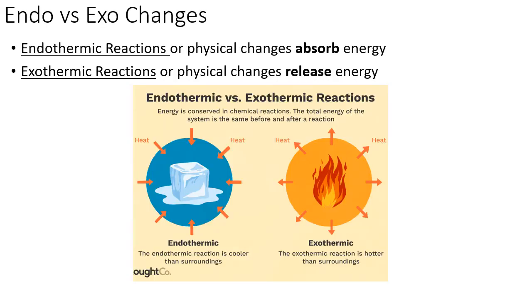Now, really fast, refreshing, an endothermic reaction or change. Endothermic and exothermic also applies to physical changes. So endothermic absorbs energy. Exothermic changes release energy. And energy and heat, those words are not interchangeable, but they kind of are.